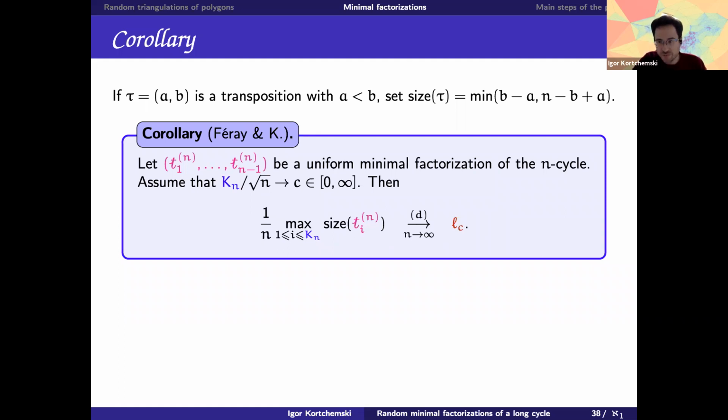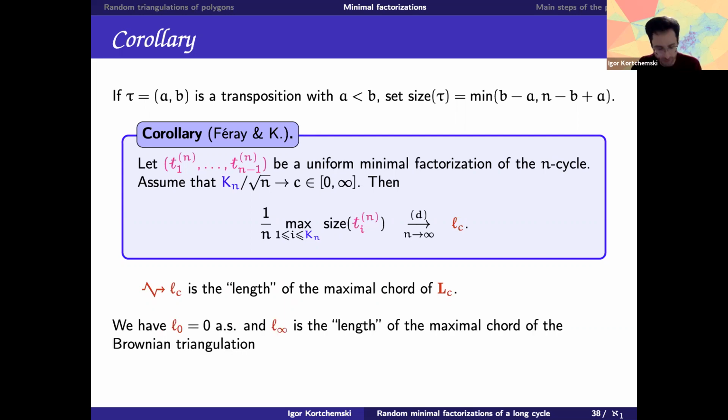So a consequence of the previous convergence is that if we read C times square root n transpositions, and we look at the maximal size of the transposition we have read up to time k_n, then it's of order n, at least when C is positive, and we converge in distribution to a certain random variable, which is the length of the maximal chord of LC. Length, I mean angular length.